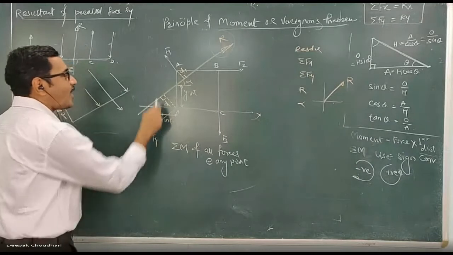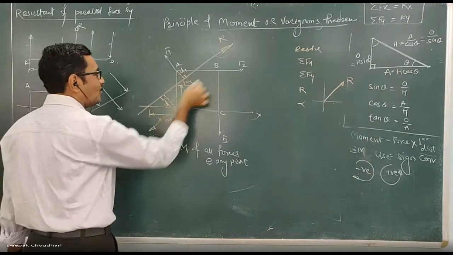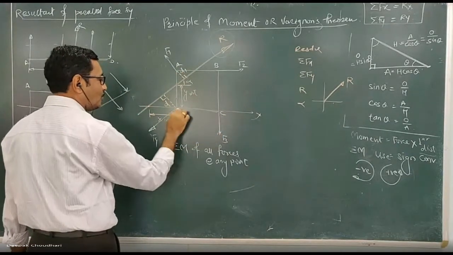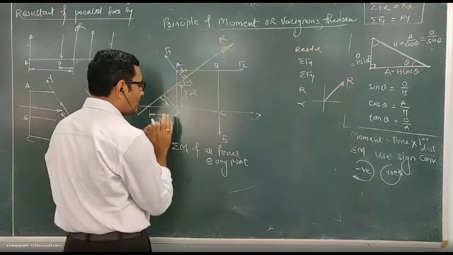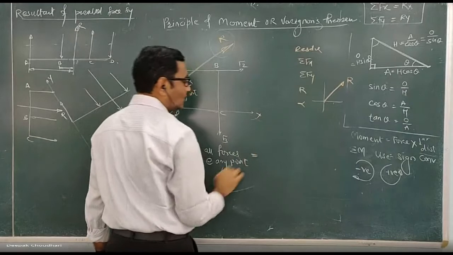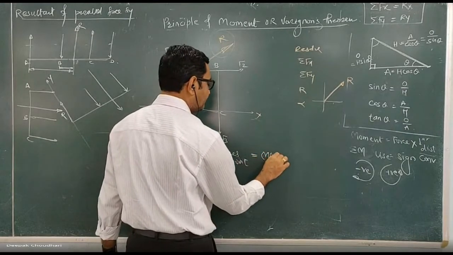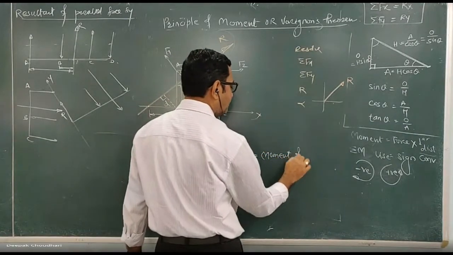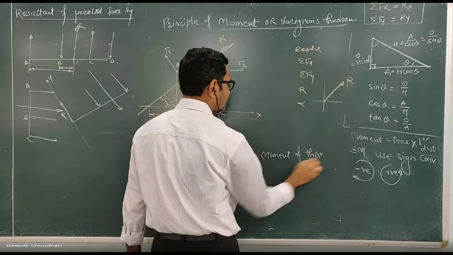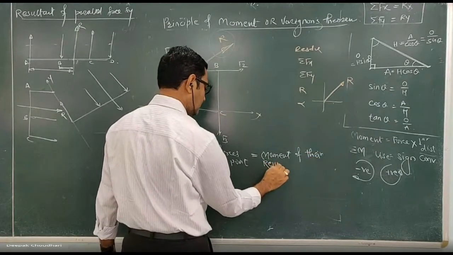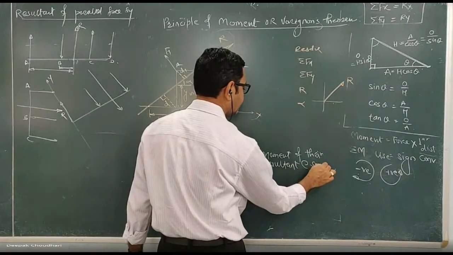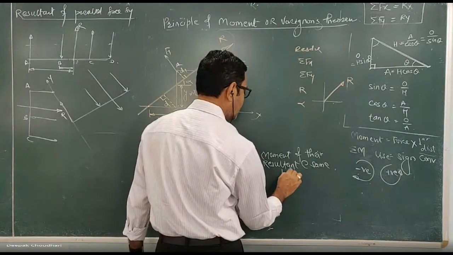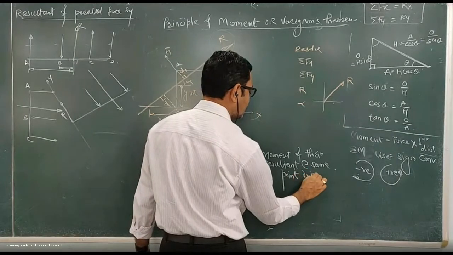Now you know how to take the moment of this F1 about O, F2 about O, F3 about O, and F4 about O. You have to take the summation of the moment of all forces about any point, which is equal to the moment of their resultant about the same point, in magnitude as well as direction.